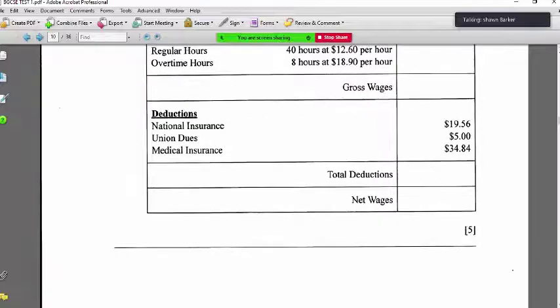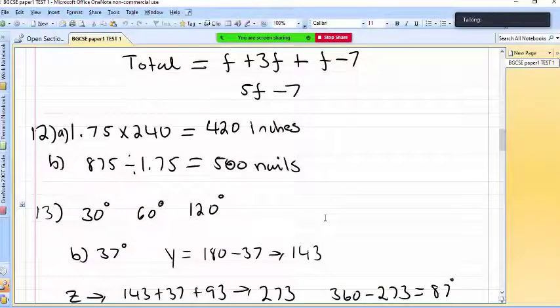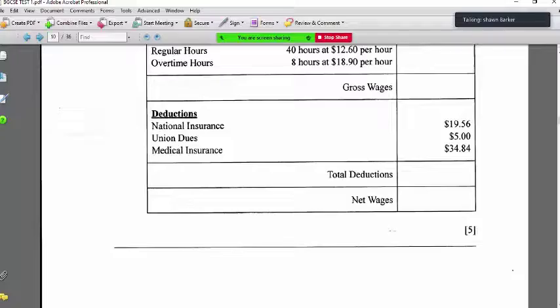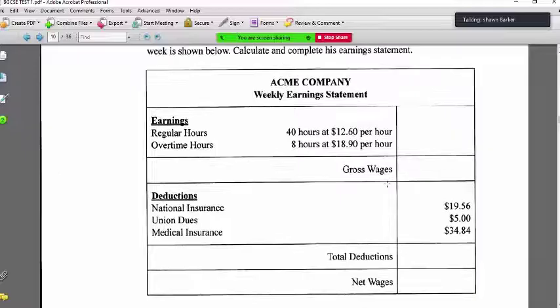All right, so in this case, you basically get your calculator and just do 40 times 1260. That will give me 504.